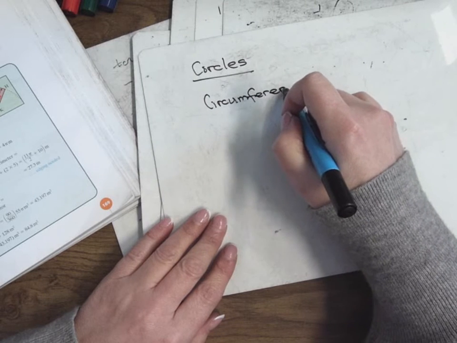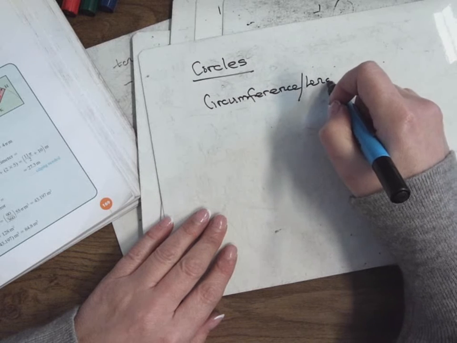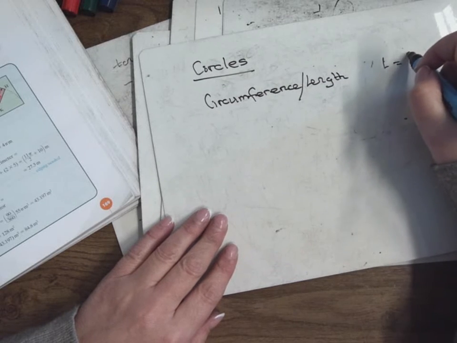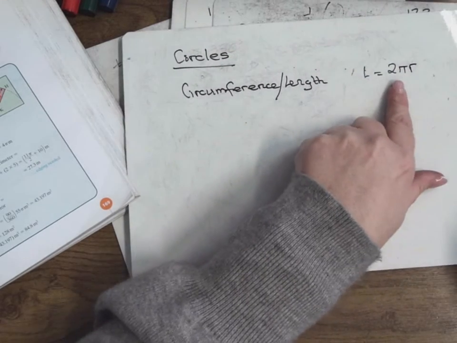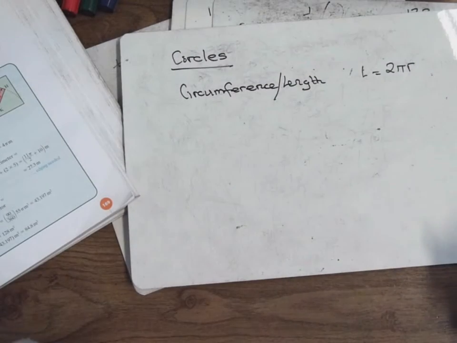I think in the log tables they call it the length, and length is equal to 2 pi r. So 2 pi r means 2 multiplied by the number pi, which there's a button for on your calculator, so we don't use 3.14 anymore. And r is the radius of the circle.